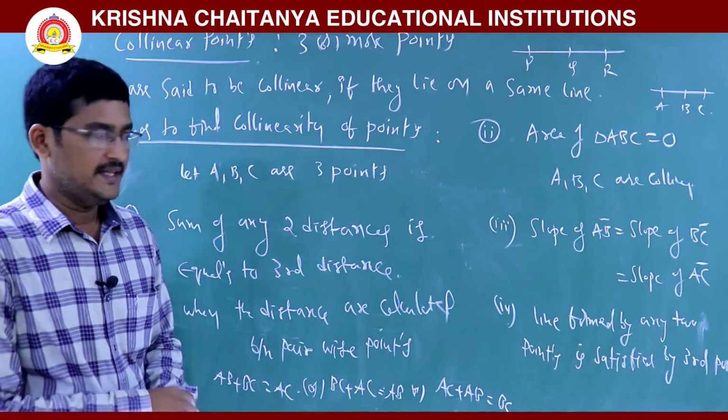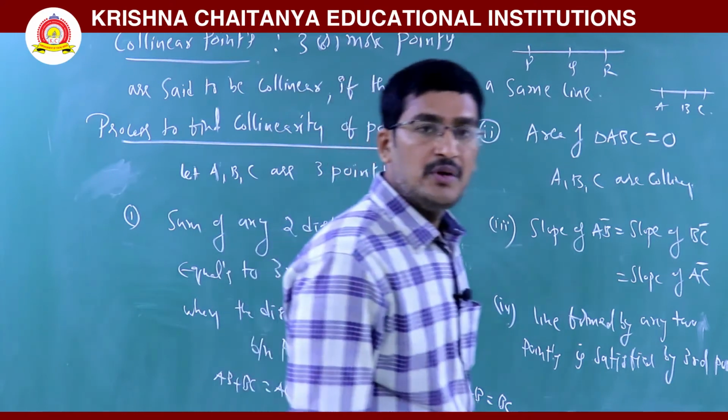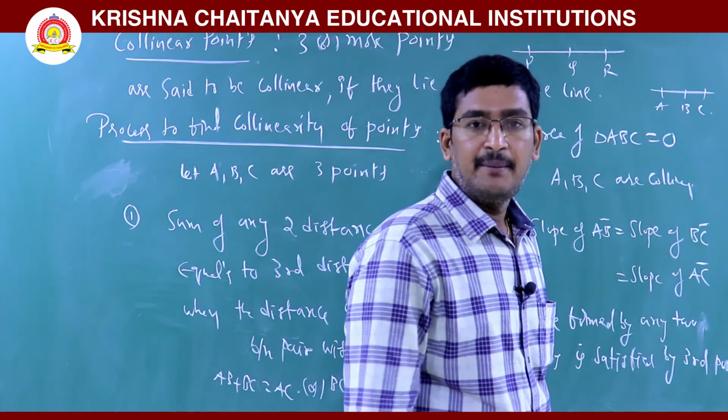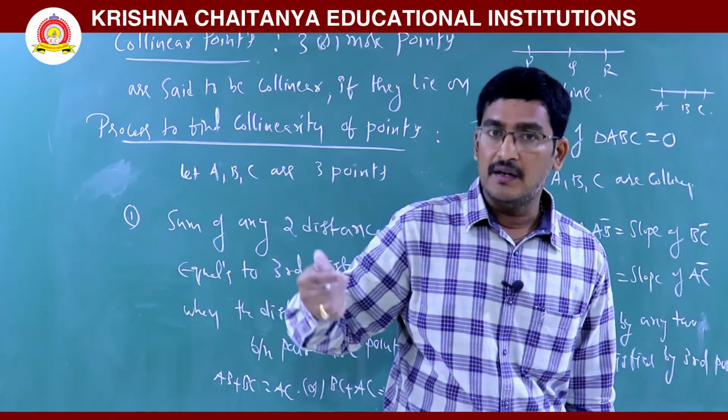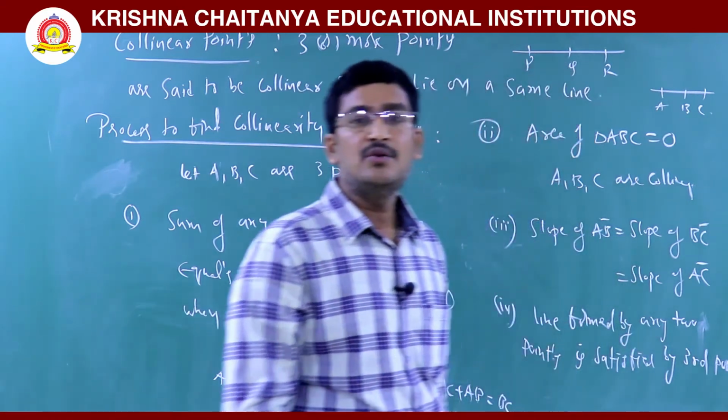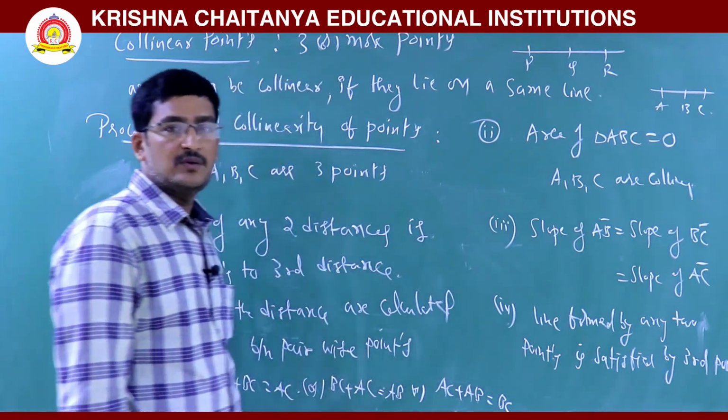Then also we have to say ABC are collinear. That means suppose there is a line formed by A, B, that line AB bar is satisfied by C, then you have to say A, B, C are collinear.